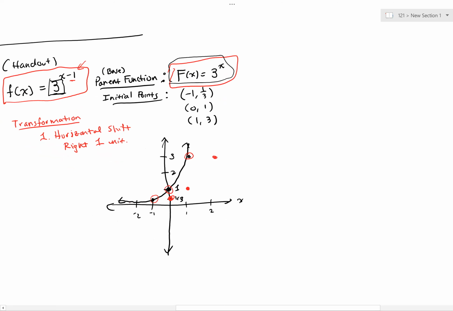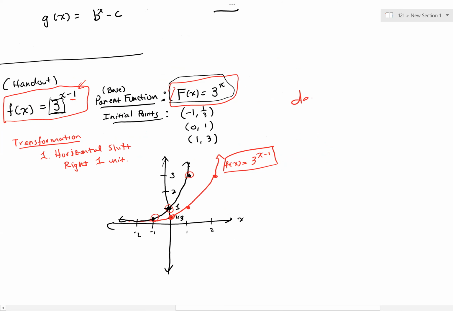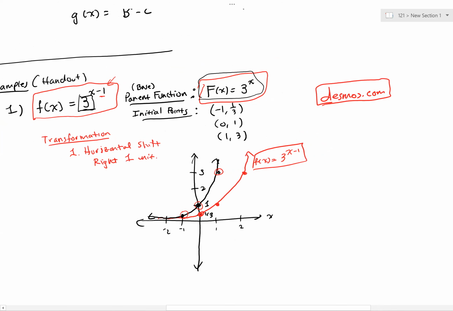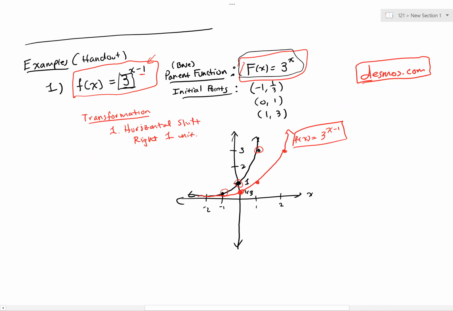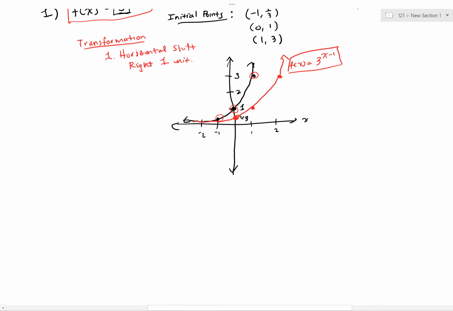It should be roughly parallel, and it should look something like that. Remember I showed you the website desmos.com? Feel free to use that to check any of your graphs to make sure you're doing the problems correctly. So that's the first example, just a horizontal shift.